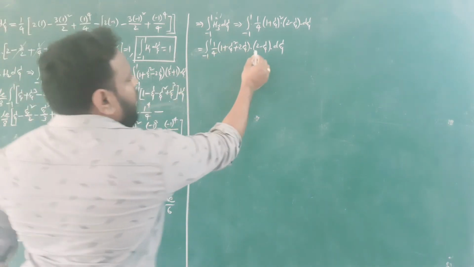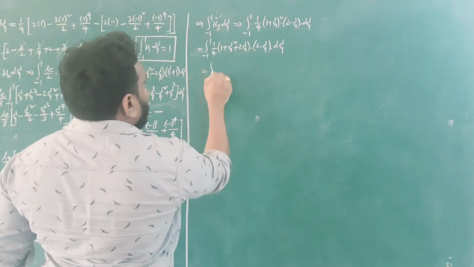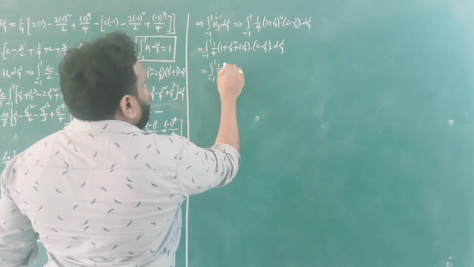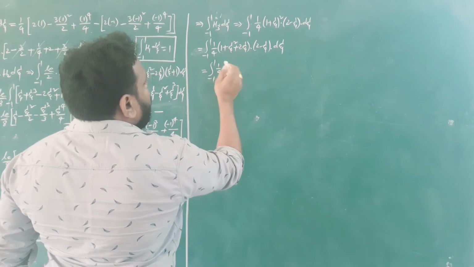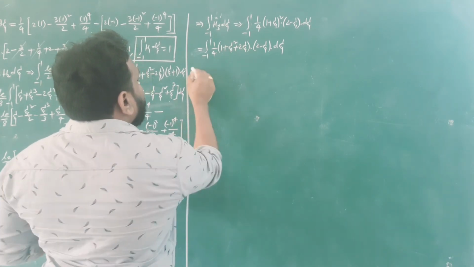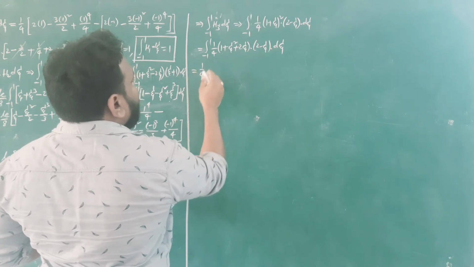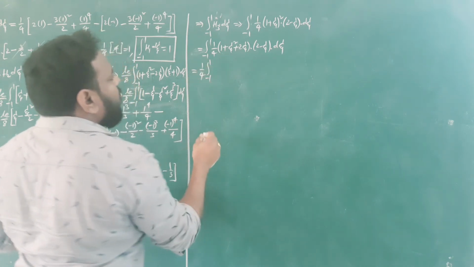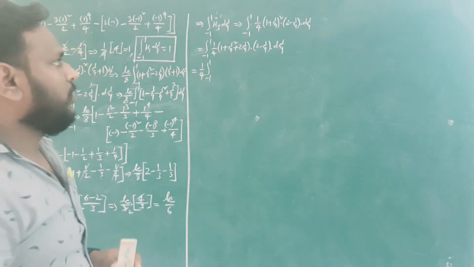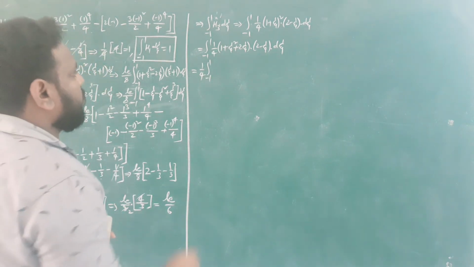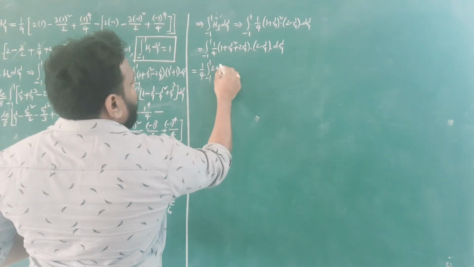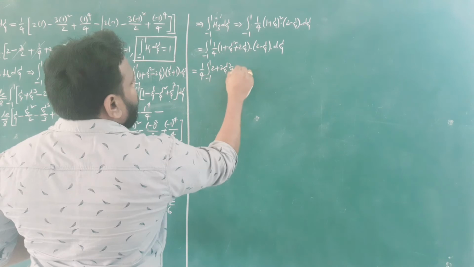So first multiply with 2. I will write 1 by 4 outside, the integral from minus 1 to 1. First we multiply with 2: 2 into 1 is 2, plus 2j square, plus 4j.